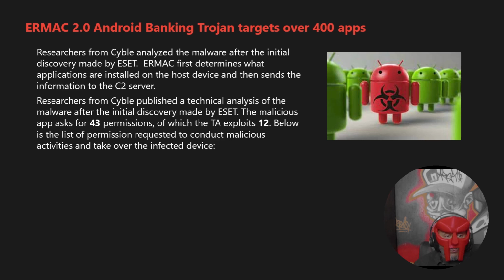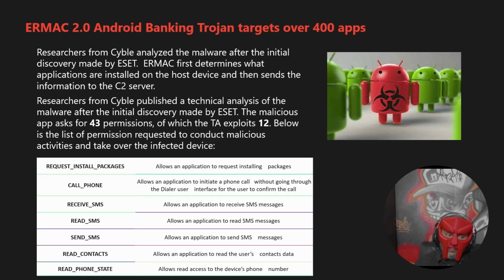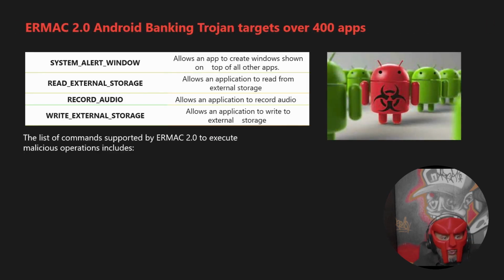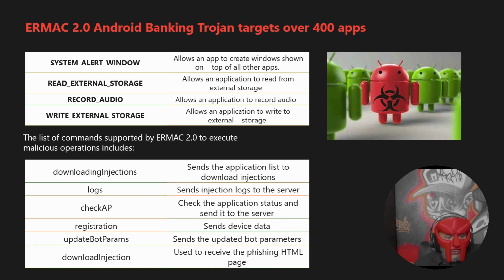The list of permissions requested to conduct malicious activities and take over the infected device includes: request install packages, call phone, receive SMS, read SMS, send SMS, read contacts, read phone state, system alert window, read external storage, record audio, write external storage. The list of commands supported by ERMAC 2.0 to execute malicious operations, on top of those previously named, includes downloading injections, logs, check app, registration, update bot params, and download injection.